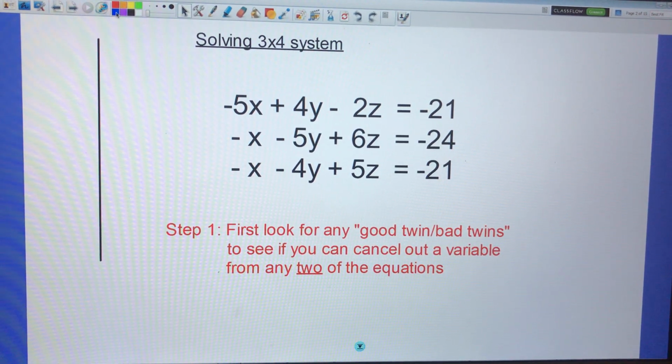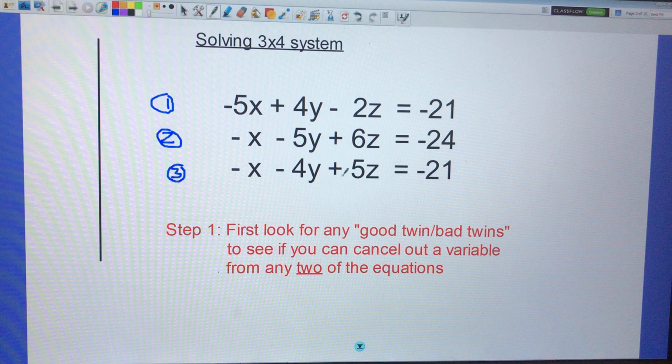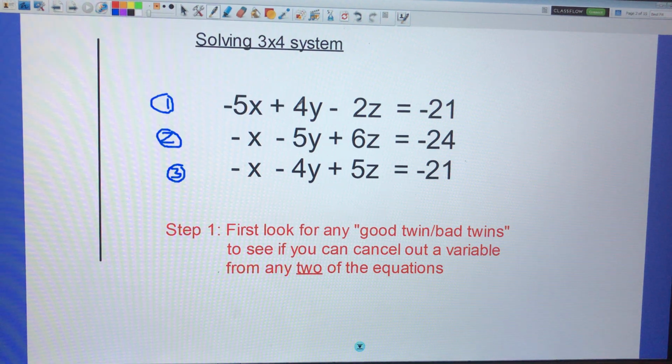Alright, so if I look at my system, remember you have 3 equations, 1, 2, and 3. Now I gotta scan through my equations and look for my good twin and bad twin. If you notice, it's right over here, the plus 4y and the minus 4y.